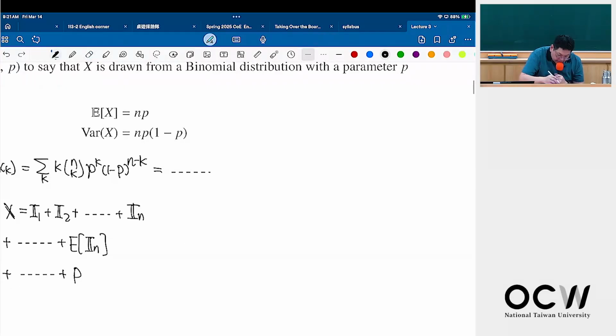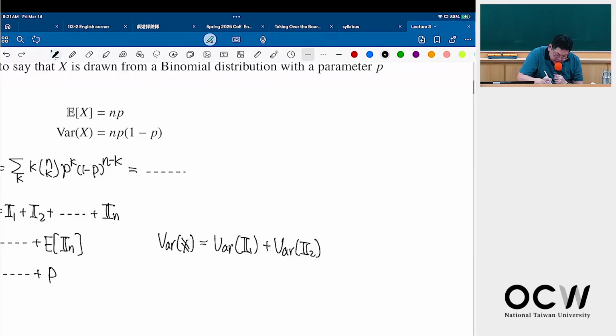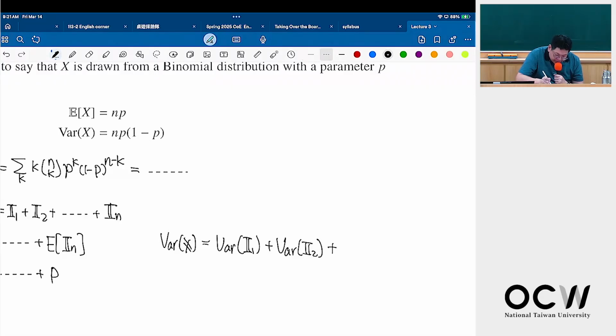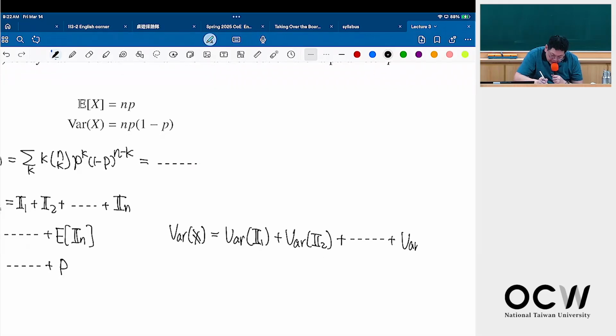For the variance, that'll be the variance of the first Bernoulli random variable plus the variance of the second Bernoulli random variable, and then till the last one, the variance of the last Bernoulli random variable.